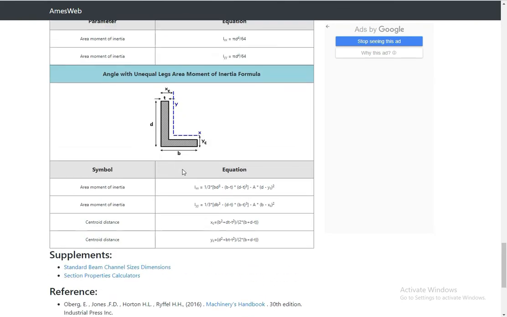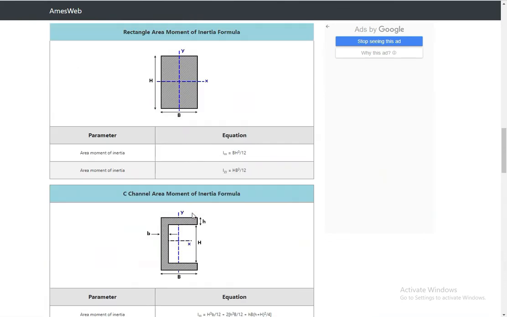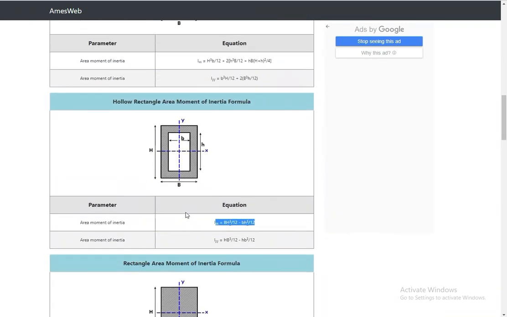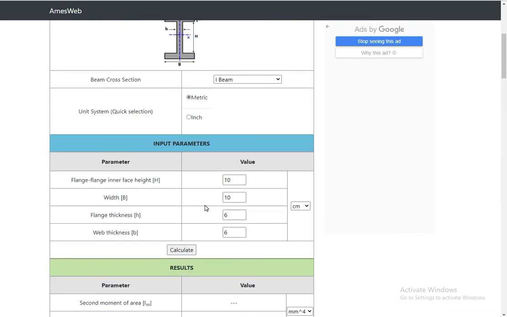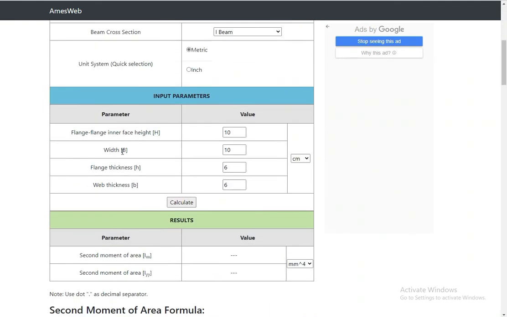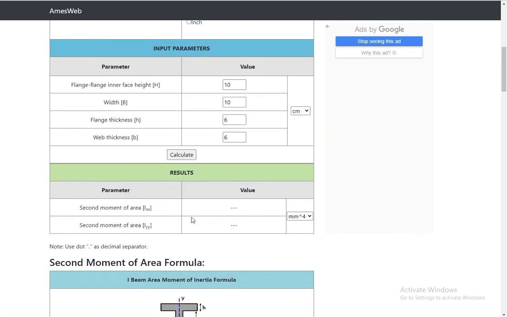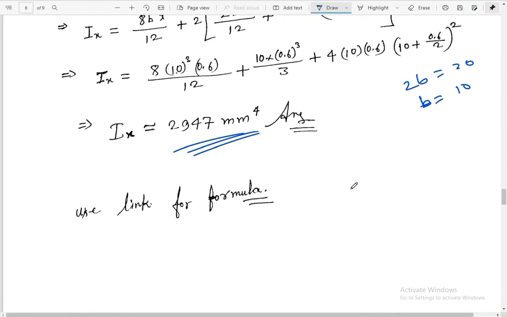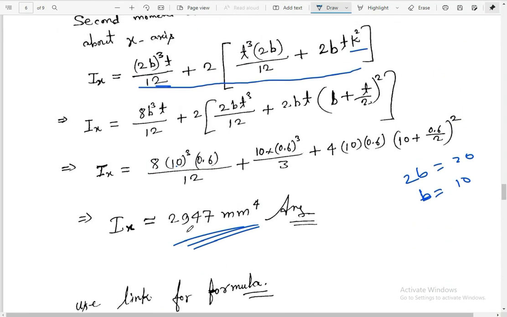So many different kinds of sections are there, and their formulas are solved already here. And this is the calculator. Once you mention all the values, you will get the answers for Ixx and Iyy. Anyway, for this question the final answer is 2947 mm4.